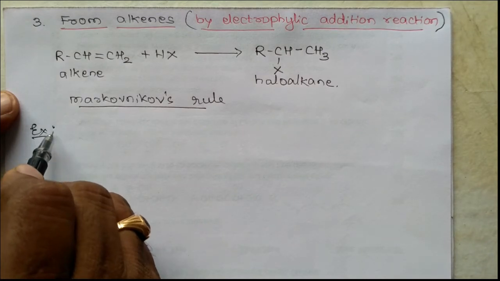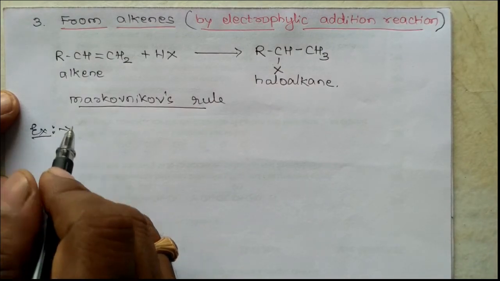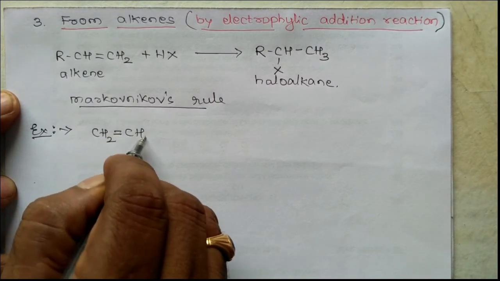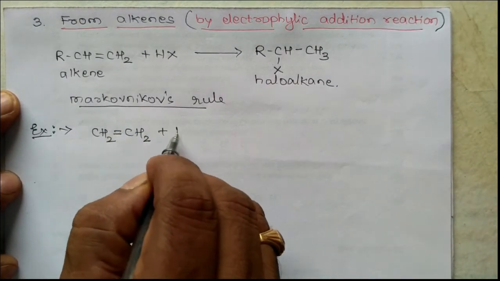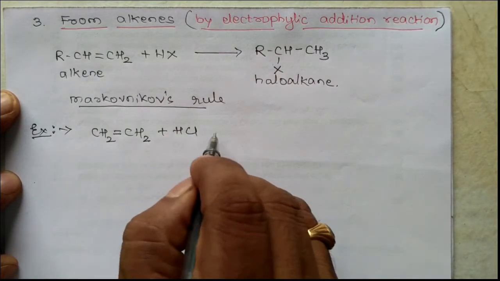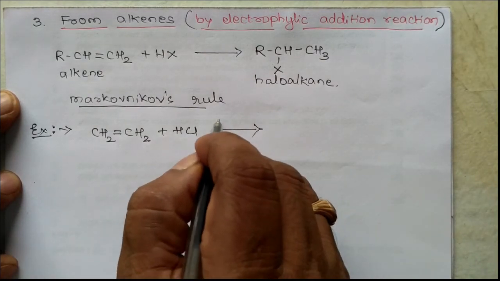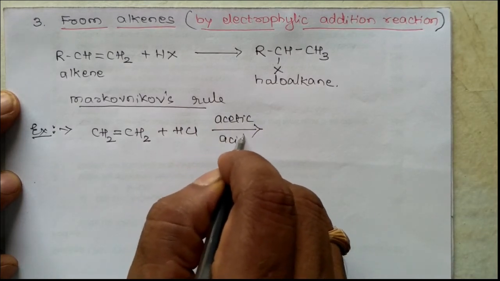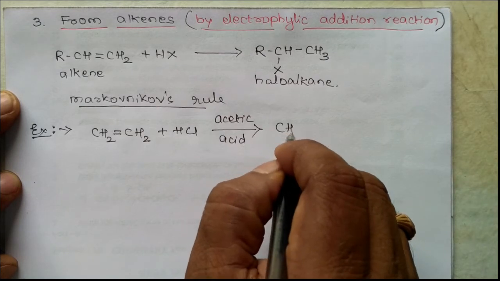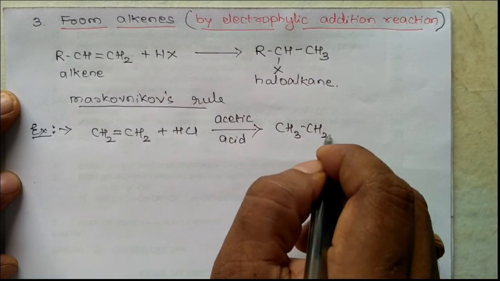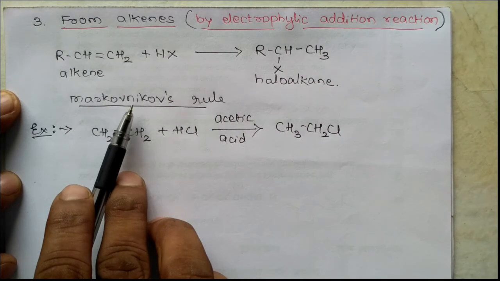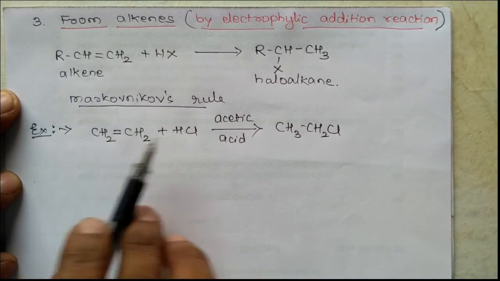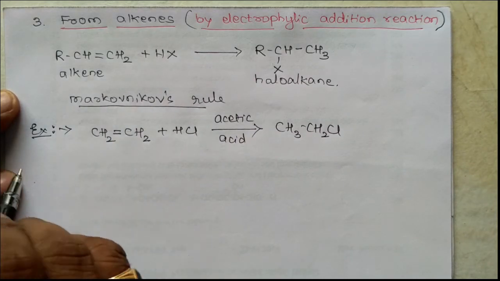First example, ethene, CH2 double bond CH2 plus HCl in the presence of acetic acid. You are going to get CH3CH2Cl. Markovnikov's rule is applicable only for unsymmetrical alkene. In symmetrical alkene, it is not applicable.